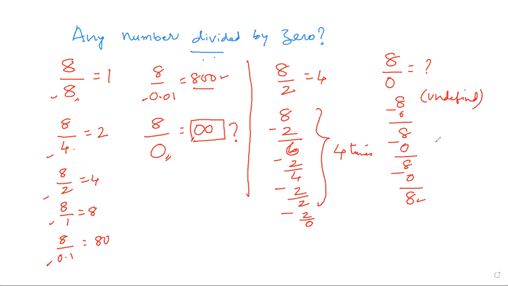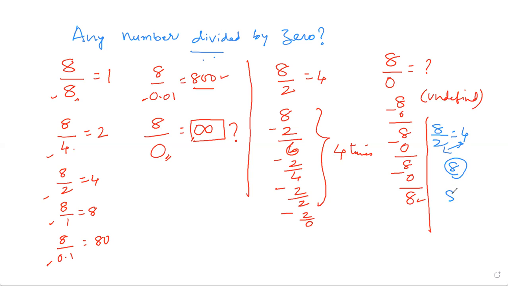So friends, let me take one more simple case here itself to make it clearer. Let us say 8 by 2 is equal to 4, correct? That means if you multiply 2 into 4, you should get 8, correct?